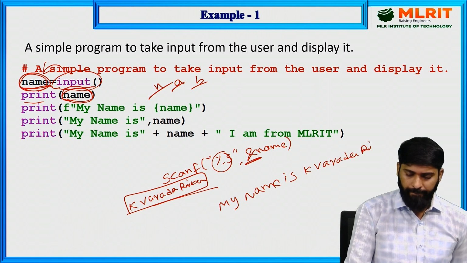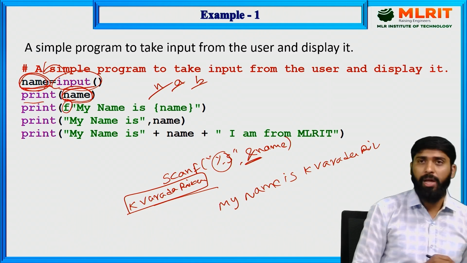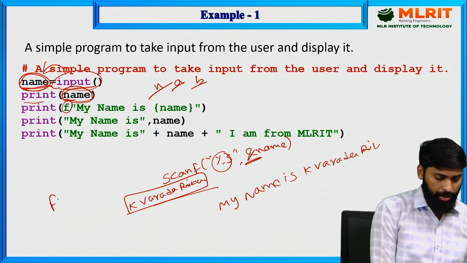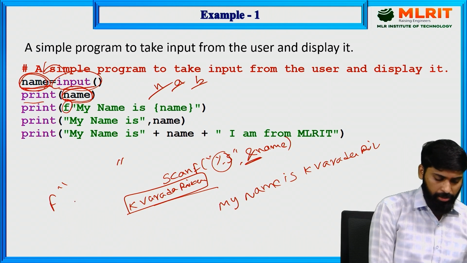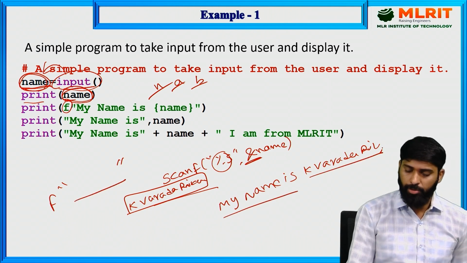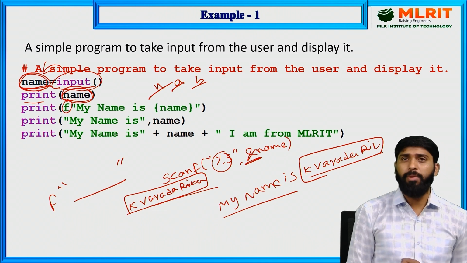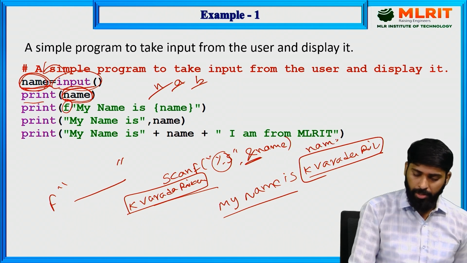Okay. Now I use the formatting F, use symbol F, double quotation, open, and in this you are going to write your message. What is the message? My name is K Varada Rajkumar. So this K Varada Rajkumar is already stored in a variable name. So here you use flower bracket. That's it.